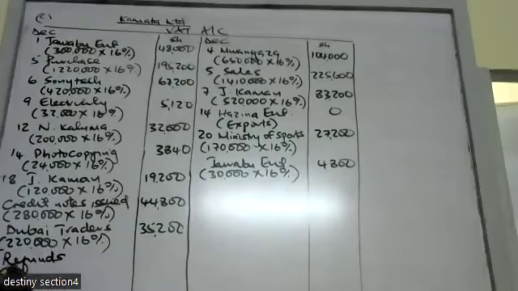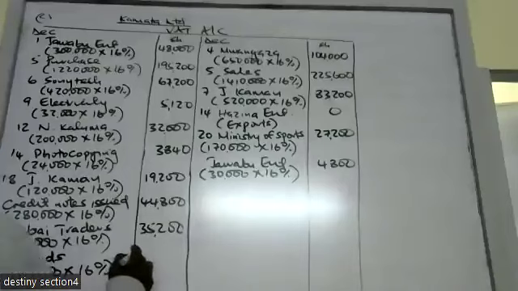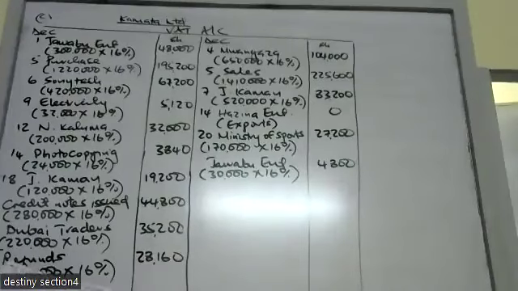So this was excess payment. The amount was refunded to customers. So 28,160. That's refunds.